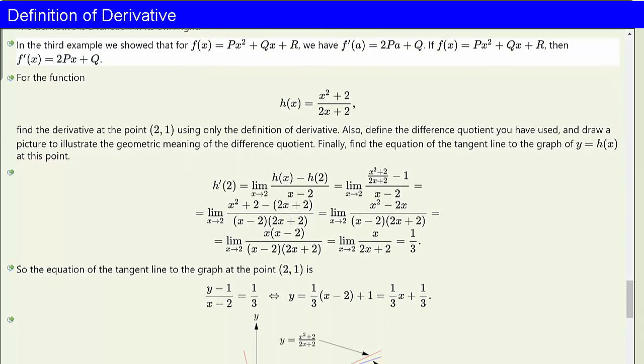For instance, in the third example, we showed that for f(x) equals px² + qx + r, we have f'(a) is 2pa + q. So we would in fact say, if f(x) is px² + qx + r, then f'(x) is 2px + q.